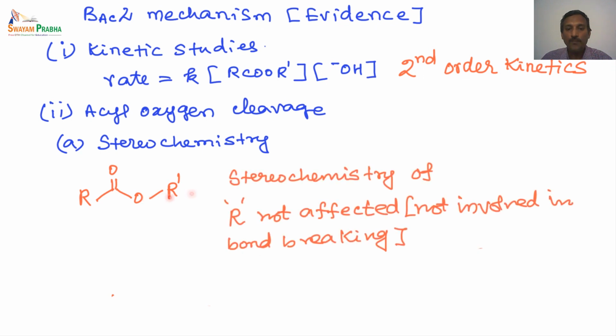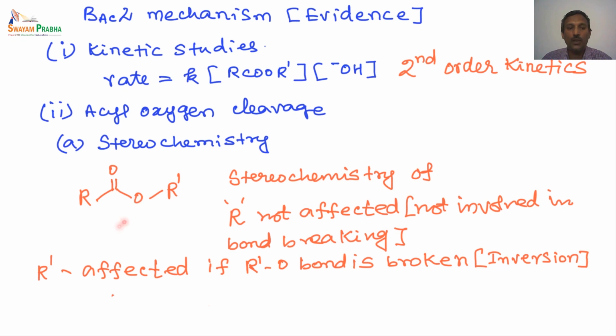If it is an acyl oxygen bond cleavage, that means this bond is cleaved, then the stereochemistry of the R group has no effect on this particular reaction. In other words, the R group is not at all affected because it is not involved in the bond breaking. So we cannot use the stereochemistry of this R group to confirm whether the acyl oxygen bond is cleaved or not.